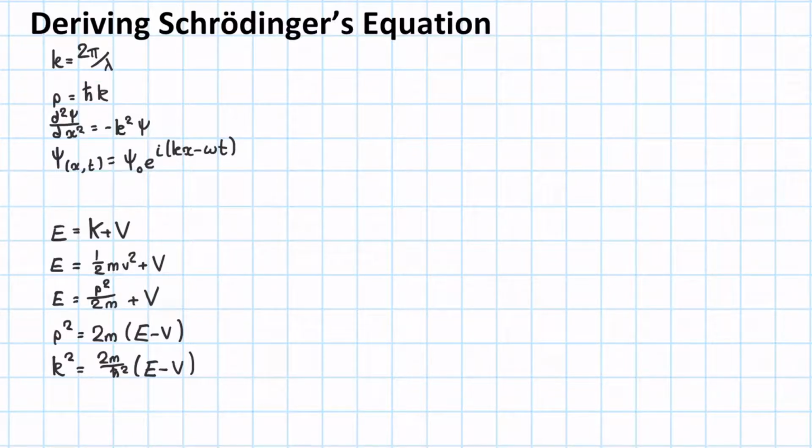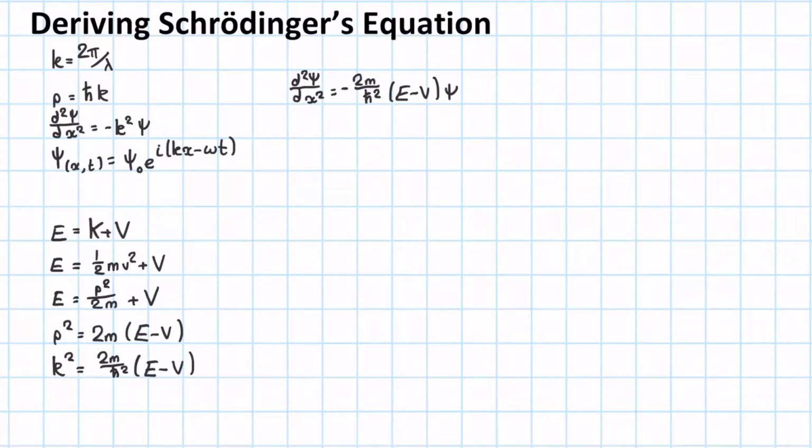Now, we can substitute this back into the wave equation, because we have two expressions for k squared. One is here, and one is here. This yields that d squared phi by dx squared equals minus 2m over h bar squared times (E minus V) of phi.